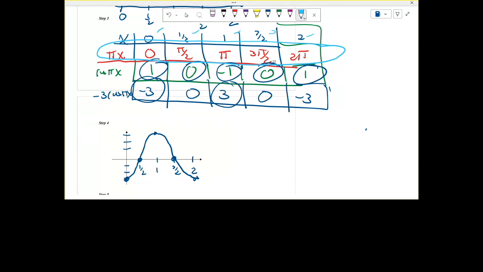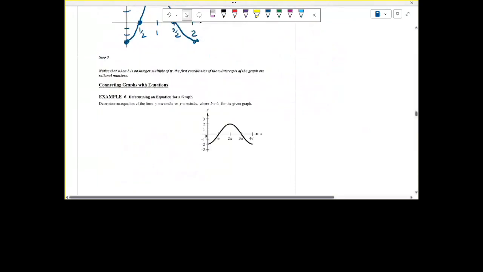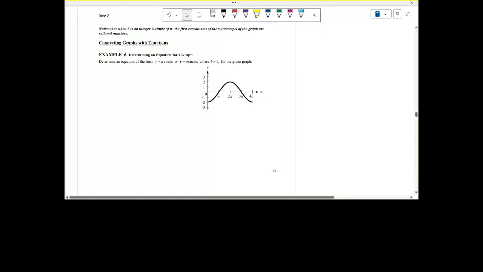I'm going to scroll down a little further. What we're going to do here is be given a graph, and we're going to ask ourselves, can we write the equation based on the picture? I want us to look at this picture.